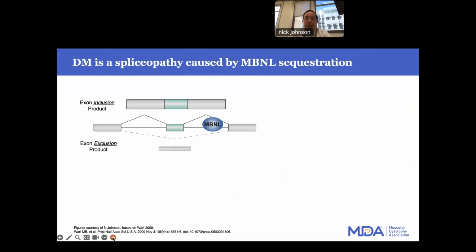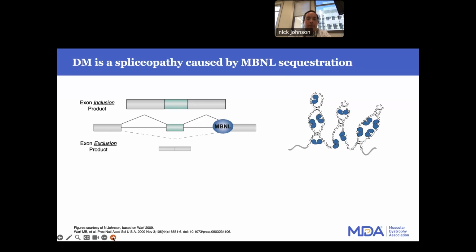So, all right, it sequesters the muscleblind protein. Well, what's the big deal? Muscleblind, along with other proteins, including RB-FOX and others, is involved with RNA splicing. And so here, what you can see is that if you have the appropriate muscleblind, it's in charge of either including or excluding the appropriate exon.